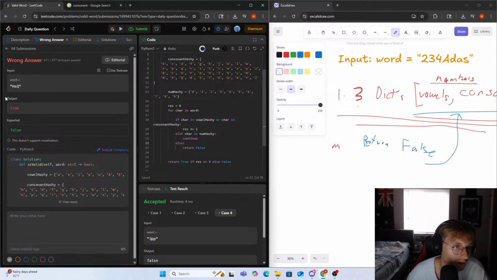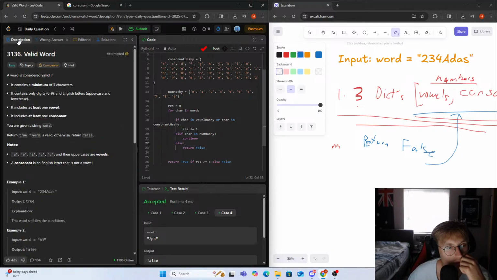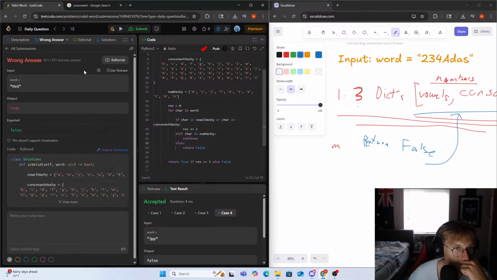Nope. HSQ expected false, but we're returning true. We have a minimum of 3. Why is that? It contains a minimum of 3 characters. We have 3 characters here.